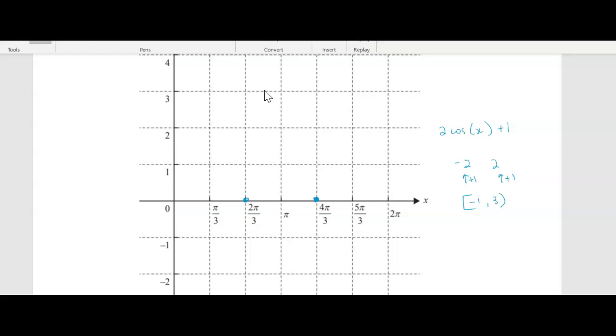Should be a square bracket because these values are included. Now, it doesn't say that we have to do the range, but that is going to help us. So we're going from -1 to 3. If you want, you can always put a faint line, just so you know what to do.